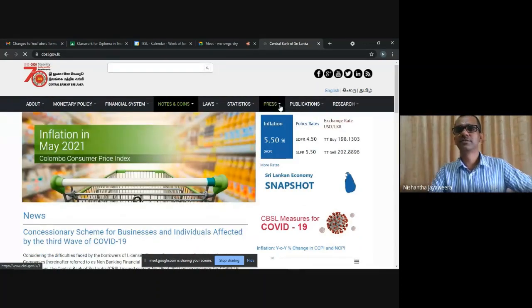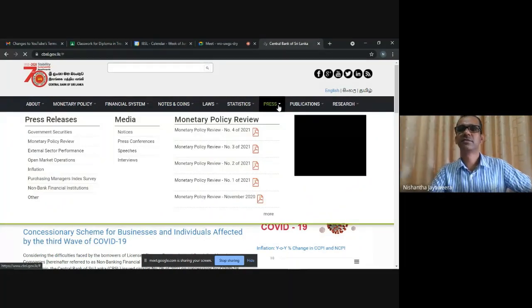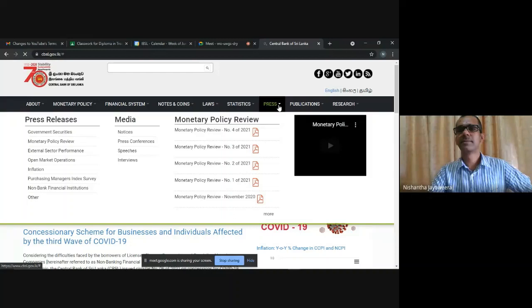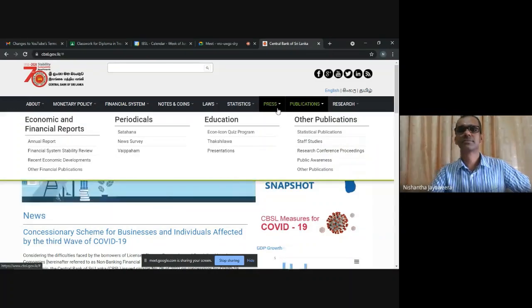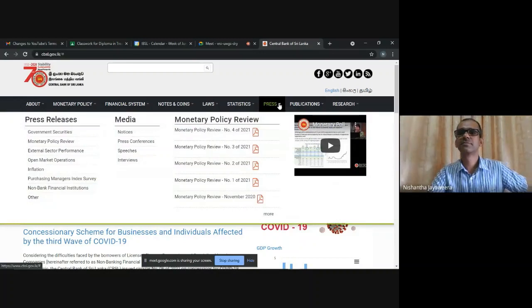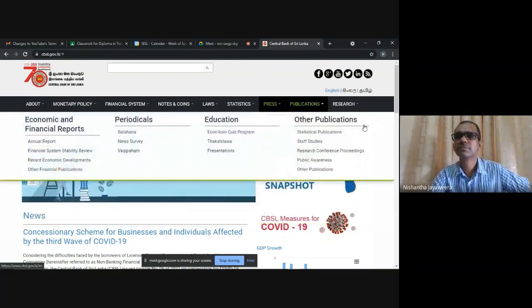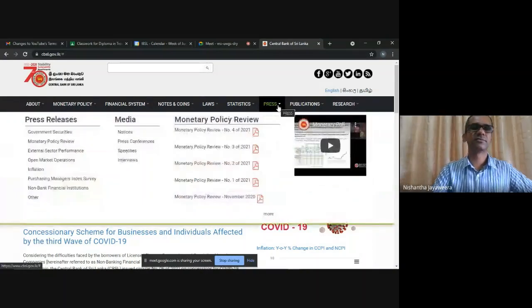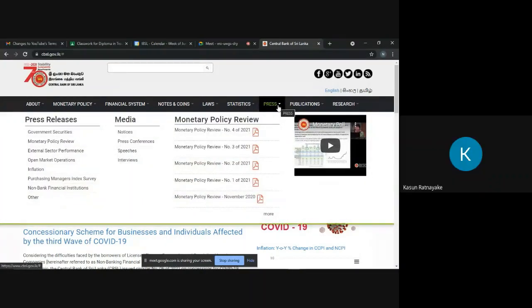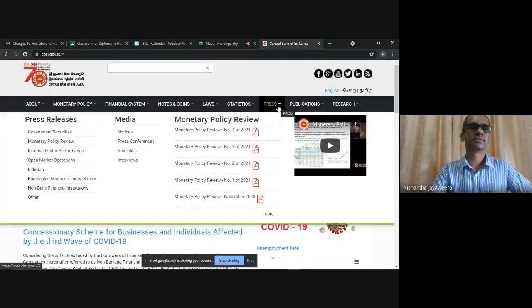So if you go to press in the Central Bank of Sri Lanka, under government securities, it's not here.